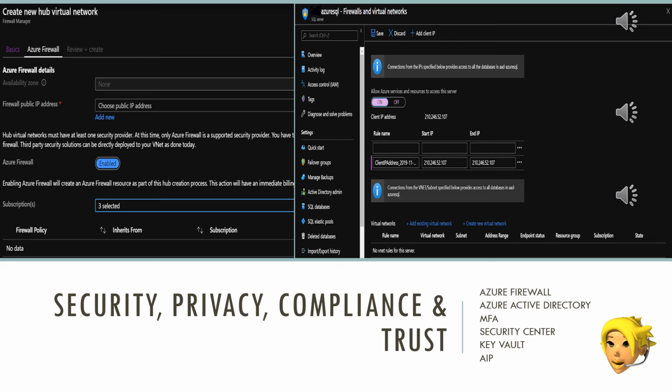So we have seen here the Azure Firewall, Active Directory, MFA, Security Center, Key Vault, and AIP. This Azure Active Directory will be on RBAC, that is role-based access control, and your access for authorization.